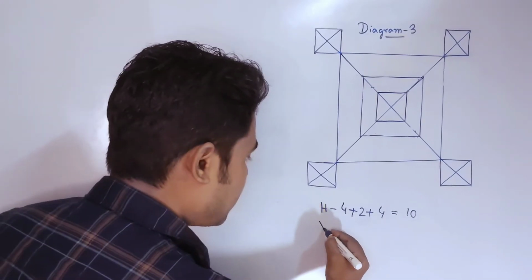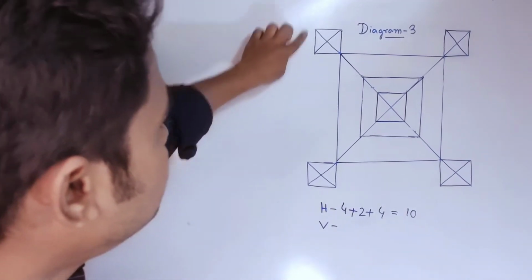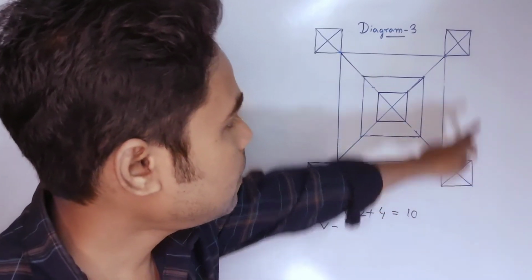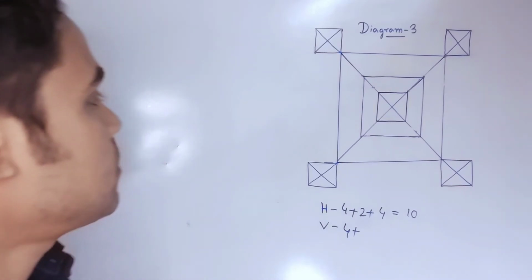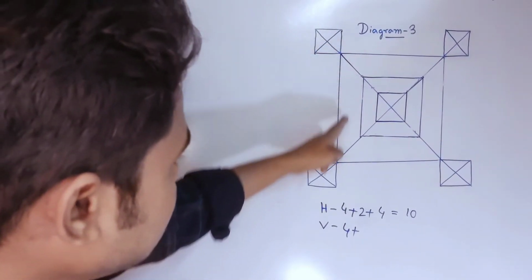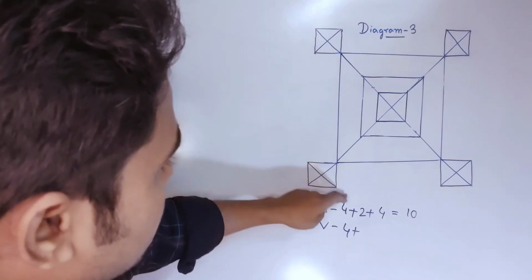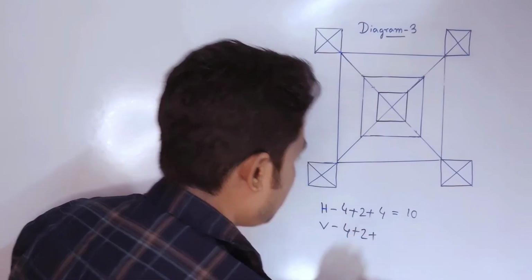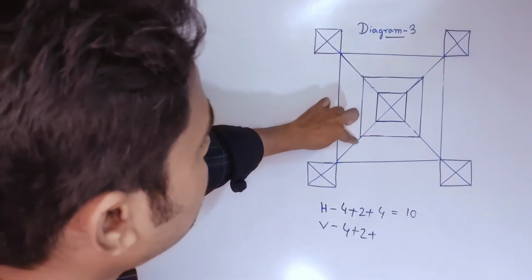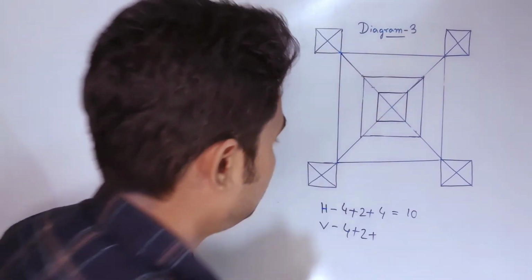Now vertical lines, 1, 2, 3 and 4. So 4 plus. This is a single straight line from here up to here. So this is 1, this is another 1, 2 plus 1, 2, 3 and 4, 4.